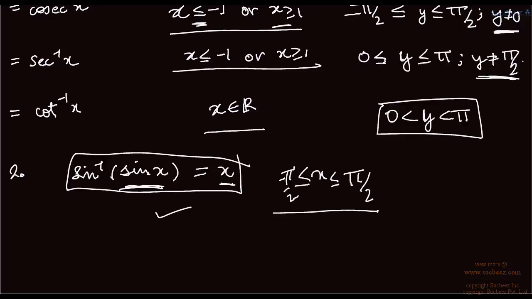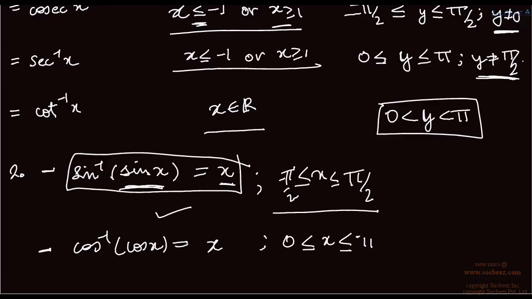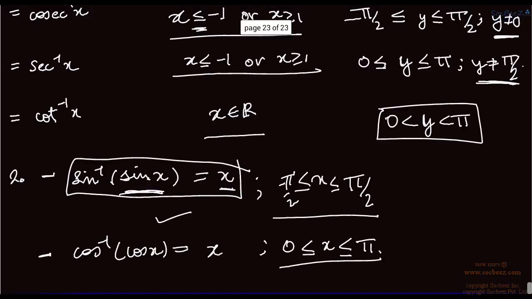Now the second property, this is the first property. Second property will be about cos inverse. Of course, cos inverse cos x is x, only the domain is different. Domain is just like the range of cos inverse x and sin inverse x. Now we'll move on to the third property. These two are just similar.